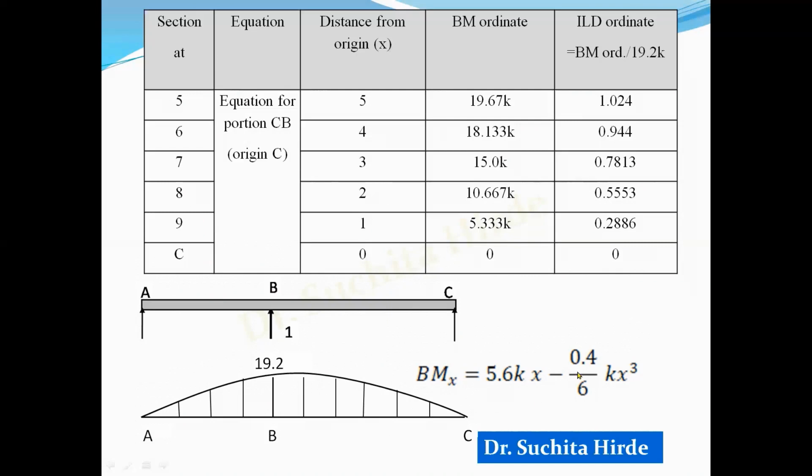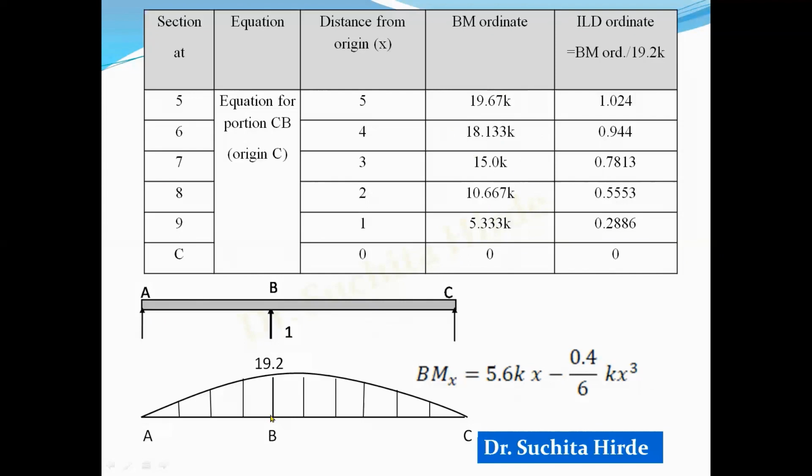So just substitute these values of x in this equation, which is the general equation for portion CB, and get the corresponding values. What are these values? These values are deflection due to this unit force.